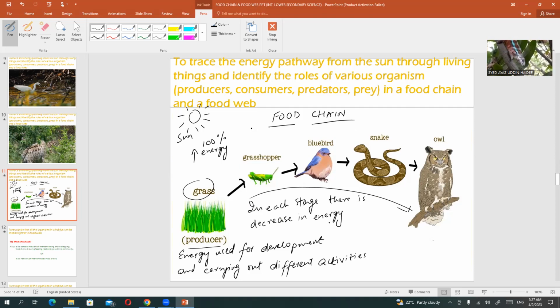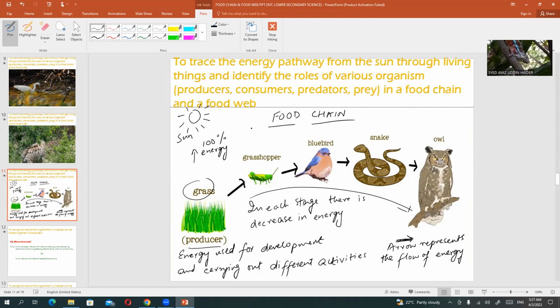So in a food chain, energy gets transferred, and these arrows represent the flow of energy.